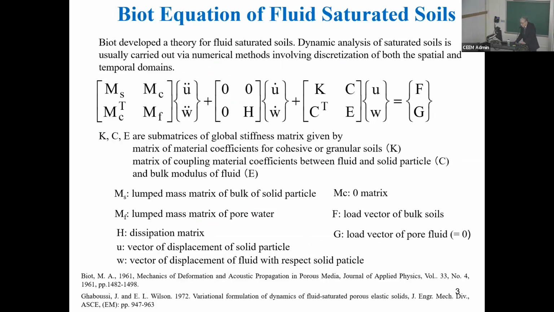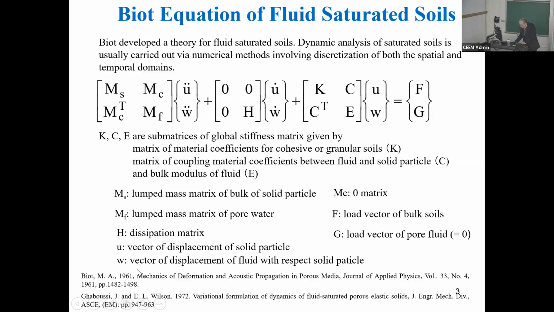In this equation, M_s is a lumped mass matrix, bulk of solid particle. M_f is a lumped mass matrix, and we are using lumped mass. So M_C equals delta. H in this is the dissipation matrix.